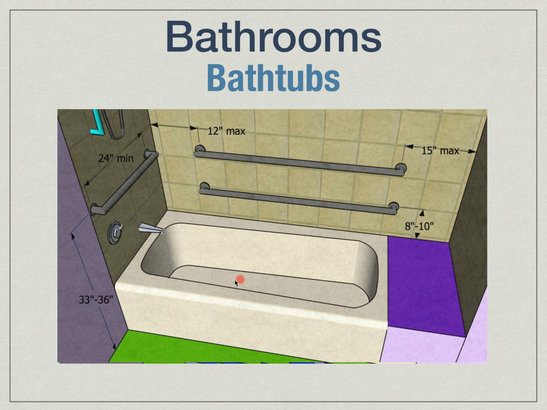Or they may fill the tub and do a sponge bath almost. Sit here, fill the tub with water, and then use a sponge to bathe themselves. So that's one of the reasons to have the seat here in the back.